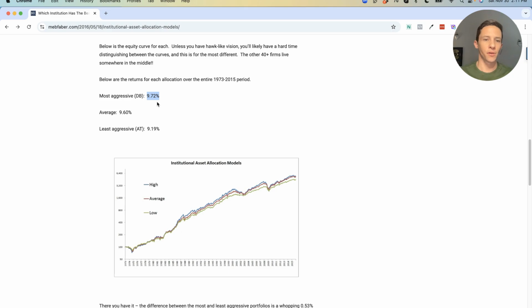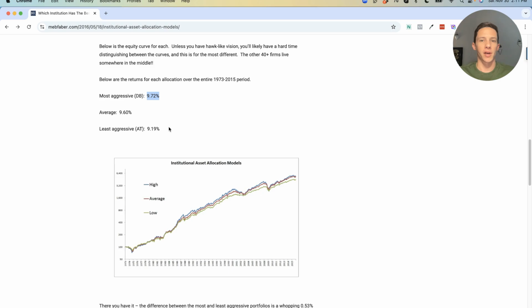So the difference between the most aggressive and the least aggressive of these 40 plus firms was only a little over 0.5%, 53 basis points. That is shockingly close. I remember when I first found this research, I did not expect them all to be so close, right?